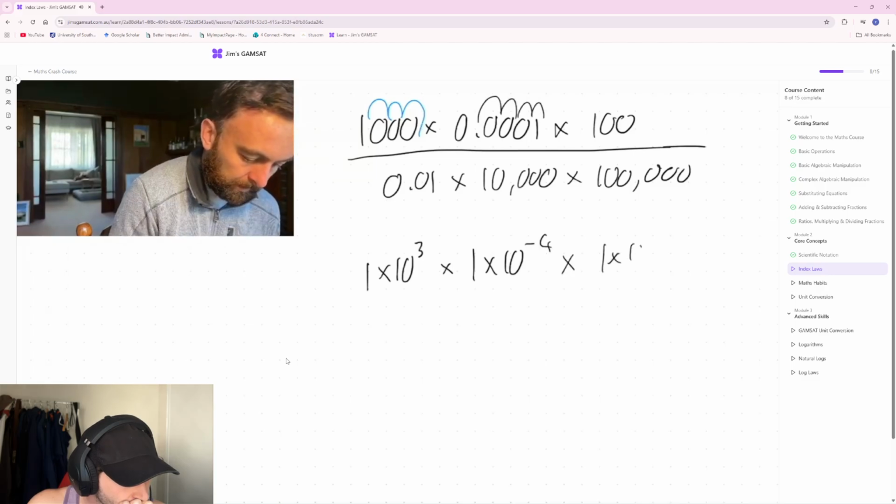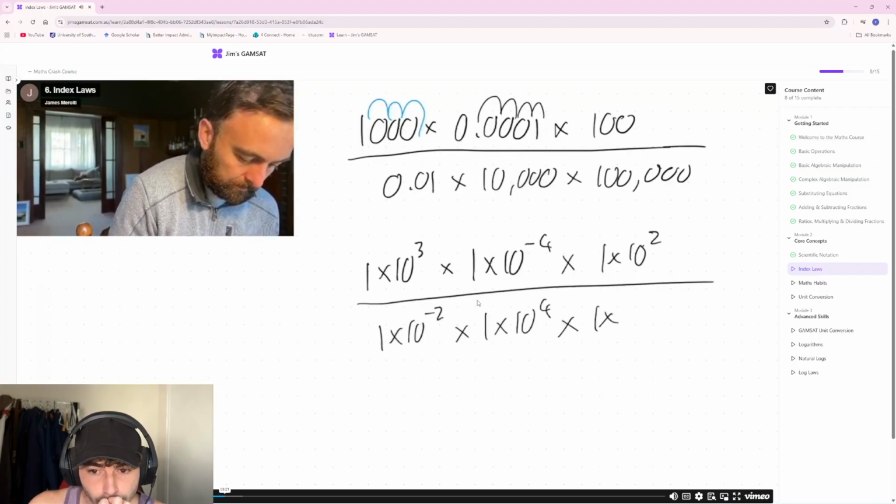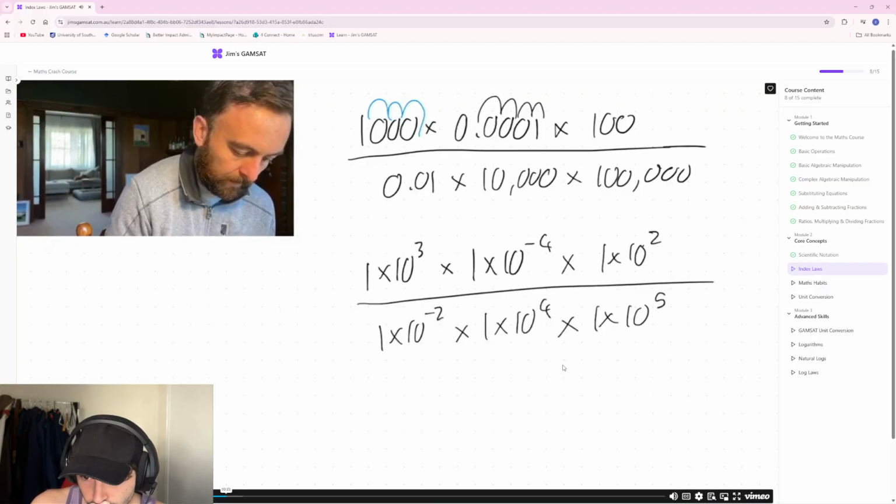Negative 4, times 1 times 10 to the 2, divided by 1 times 10 to the negative 2, times 1 times 10 to the 4, times 1 times 10 to the 5.